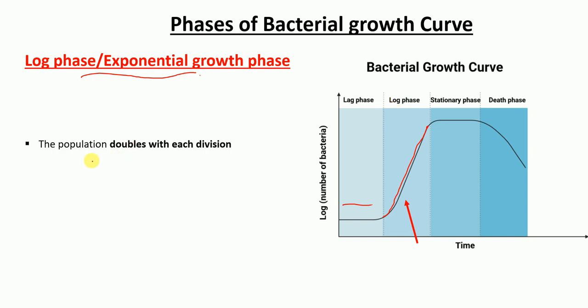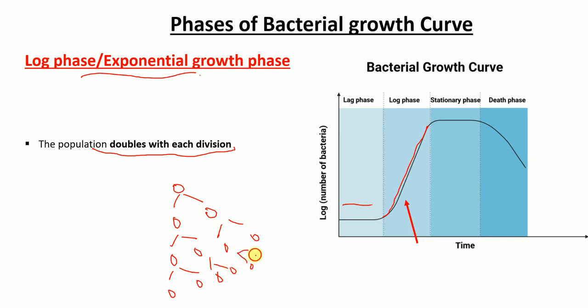In this phase, the bacterial population doubles with each division. For example, after the bacteria adjusts itself in the media, it starts multiplying. From one bacterium, we get 2, from these new 2, we get 4, and from these new 4, we then get 8. This way, the bacteria keeps on multiplying.